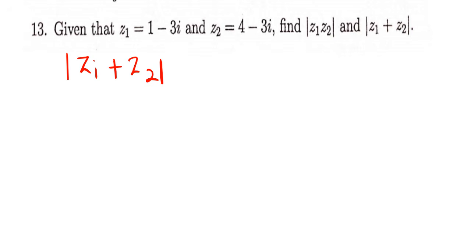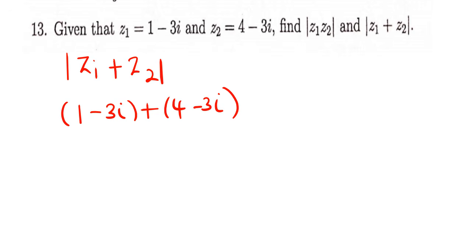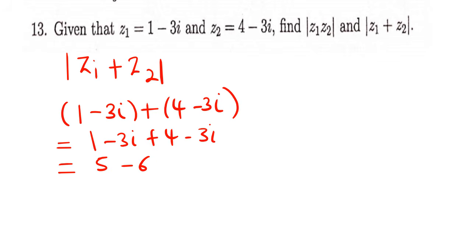So we've got z1 is 1 minus 3i, then we are adding 4 minus 3i. In this case, what are we going to do? Just normal algebra. So that would be 1 minus 3i plus 4 minus 3i. So 1 plus 4, that is 5. Then negative 3i minus 3i, that would be negative 6i.